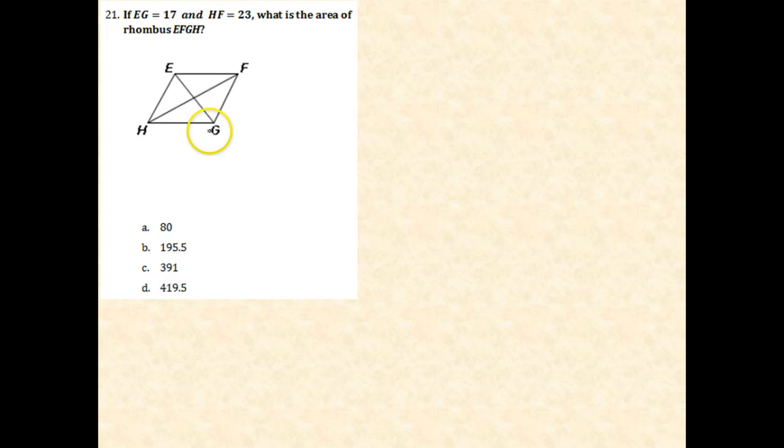If EG is 17 and HF is 23, what is the area of the rhombus? So the area of a rhombus is 1/2 the product of the diagonals. Diagonal 1 times diagonal 2.